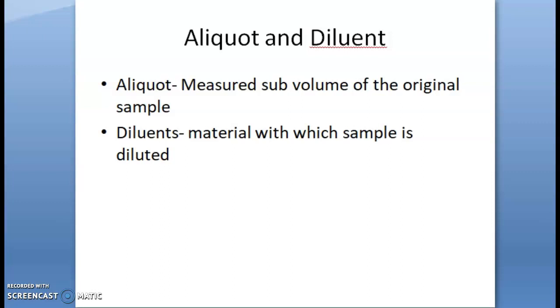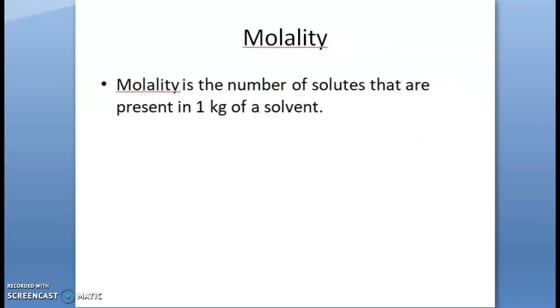So let us see the next question. What is molality? Molality is the number of moles of solute that are present in 1 kg of a solvent. Okay, so what exactly is solute and solvent? You are aware of a solution. A solution is formed by the mixture of solutes and solvent.